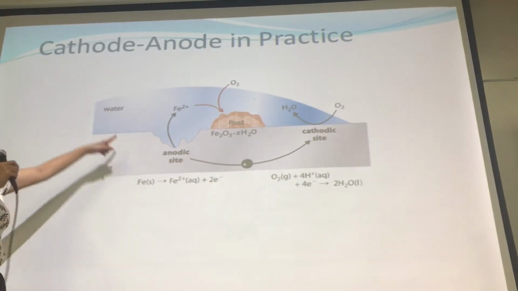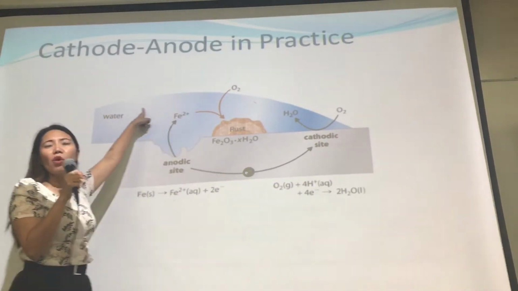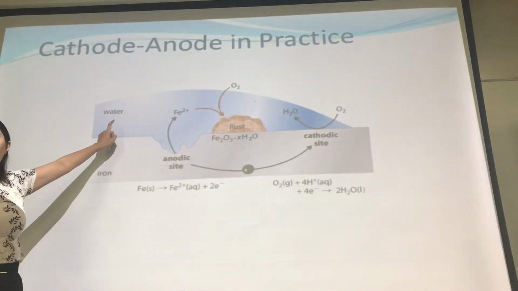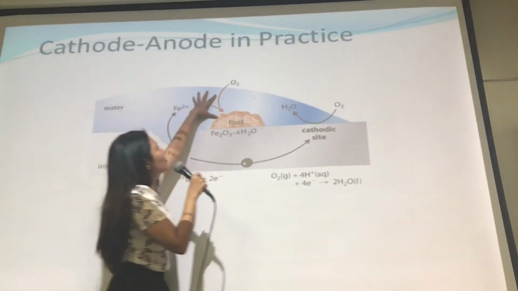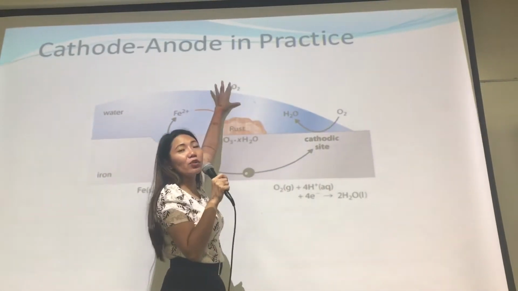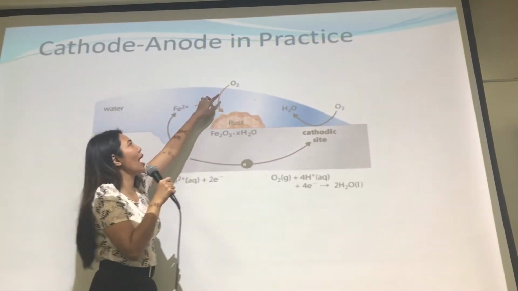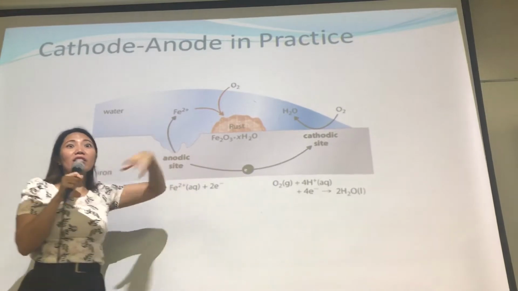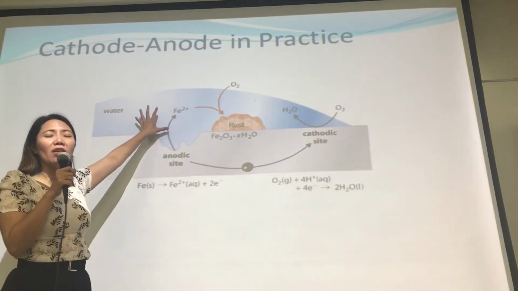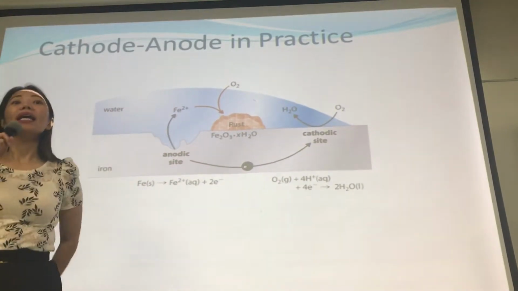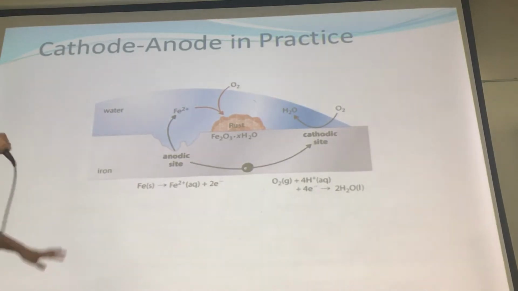So what's happening is that when the material is corroding, you see this blue thing? The blue thing is water, and it's subjected to an environment with oxygen. So water that has some dissolved oxygen in it becomes an electrolyte.